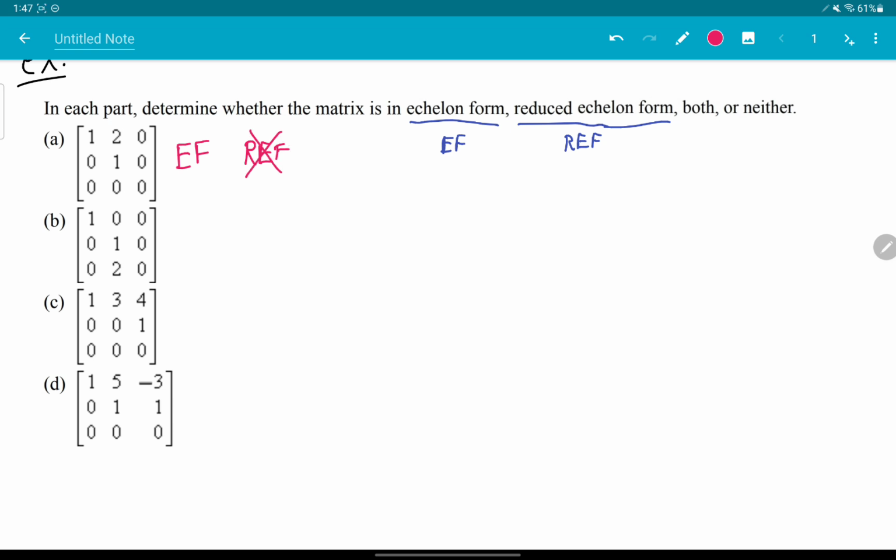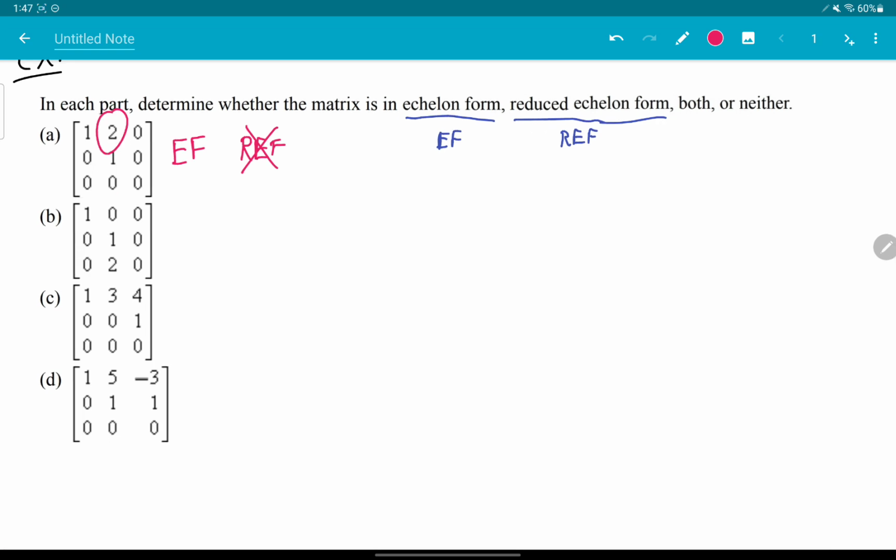And because for reduced echelon form, you need these leading entries to be 1s, and I need them to be alone in their column, in the sense that this leading entry is not alone in its column. There's another non-zero entry in that column.